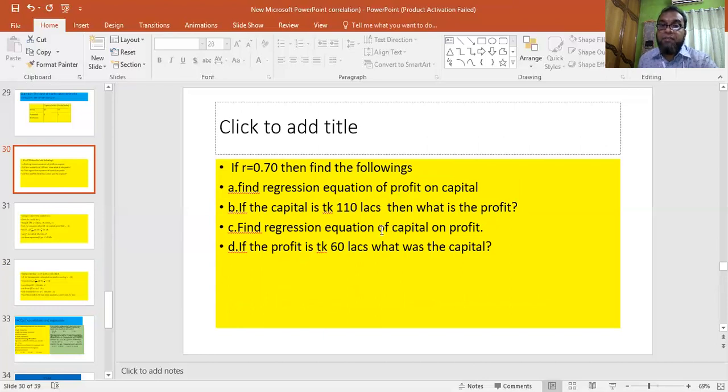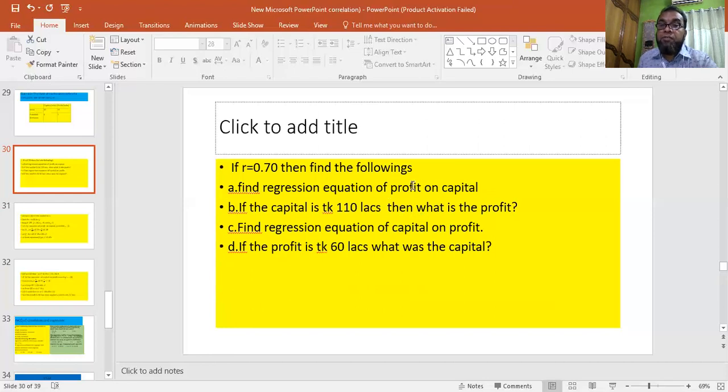In number C, I have got the regression equation of capital on profit. Here capital is dependent and profit is independent. So if I get the profit, I can find out the capital. And here, if I have the value of capital, I can find out the profit.